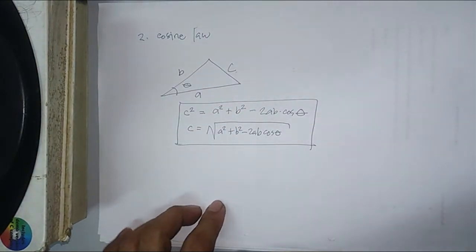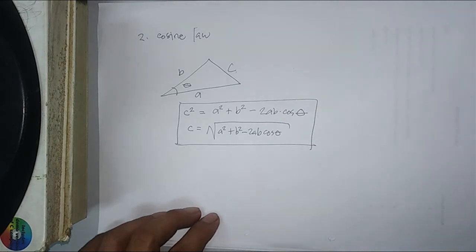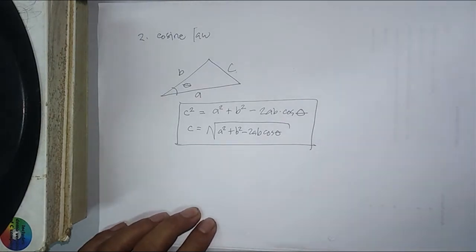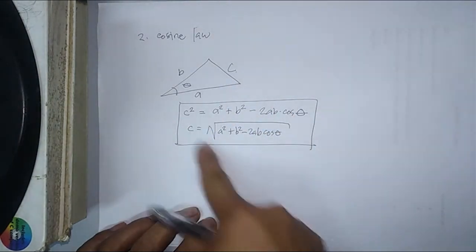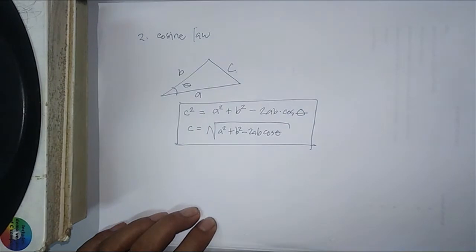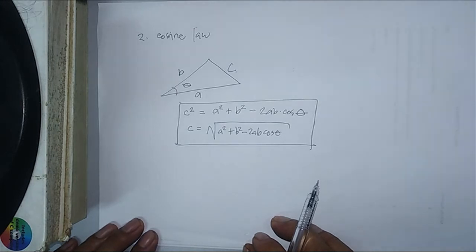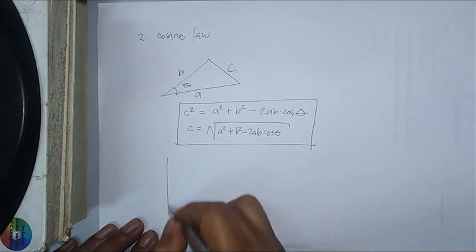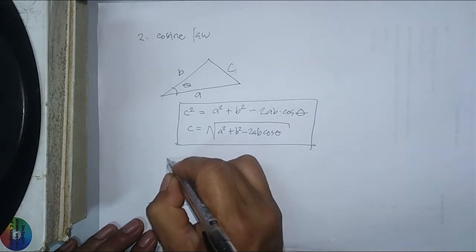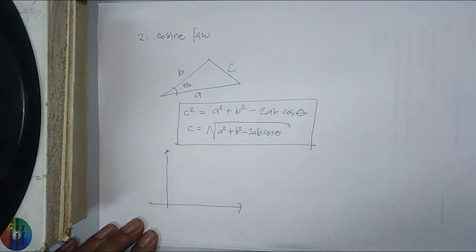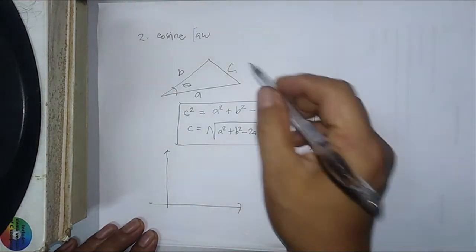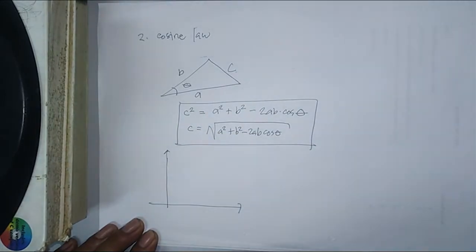Now, for this topic, I will teach you how to solve the value of C without memorizing any of these formulas. Let's start by drawing your Argand diagram. So this is my Argand diagram, and I will represent this triangle in it.